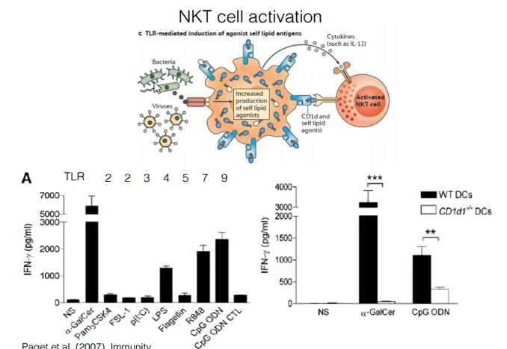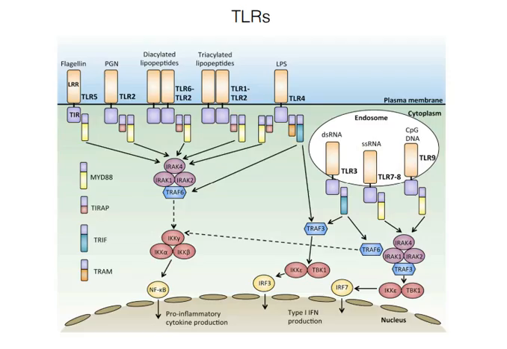And what they suggest is that toll-like receptors are actually picking up signals and then producing these cytokines. And she just put this slide with a bunch of TLRs in it just to refresh your memory. So TLR5 flagellin, TLR2 PGN, TLR6/2 diacylated lipopeptides, TLR1 and TLR2 triacylated lipopeptides, TLR4 LPS.